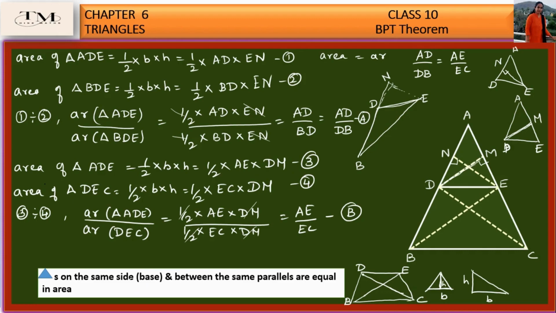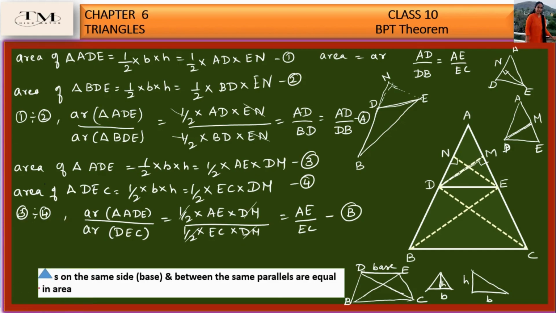Okay. So this triangle DBE and this triangle DEC. So if we consider this triangle, they have the same base. So this is the same base. Base is DE and between the same parallels.